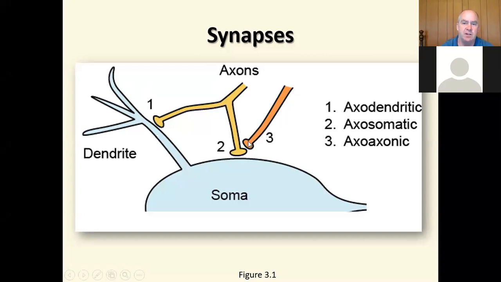You've got one axon interacting with another axon. Typically we think about axons interacting with the dendrites or the soma, but this is kind of like modulating. This neuron is modulating this neuron's activity. And we'll see a lot of mechanisms where that happens, a lot of drugs that influence that.